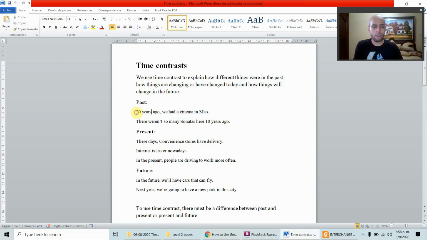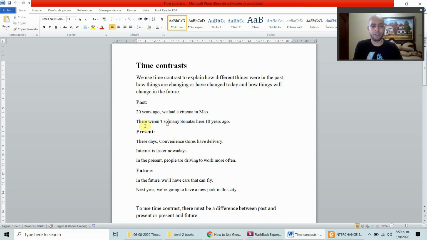For example, imagine how things were 20 years ago. 20 years ago, we had a cinema in Mao. So the difference is between 20 years ago and today. 20 years ago, there was a cinema in Mao, and now, in the present, there is no cinema here.